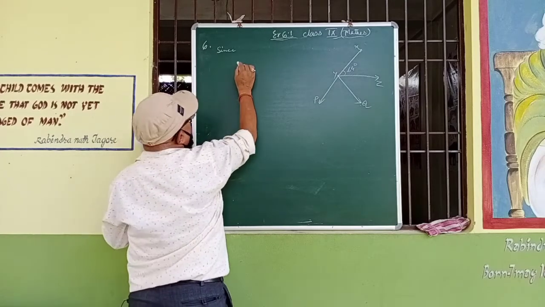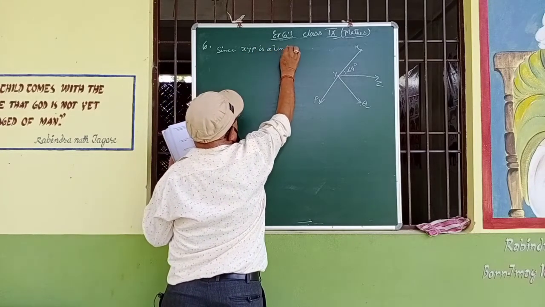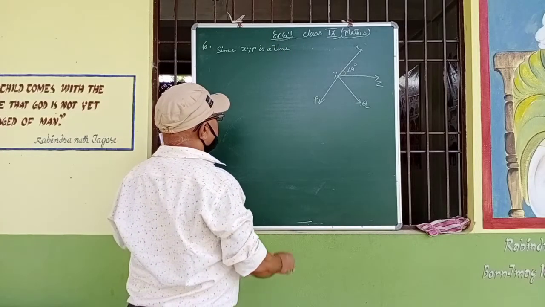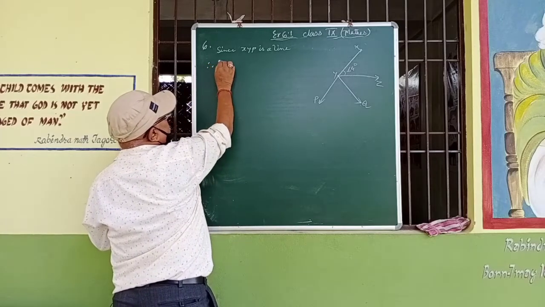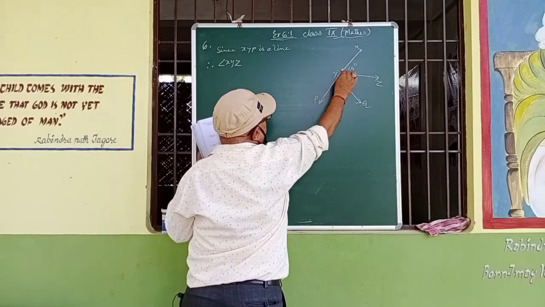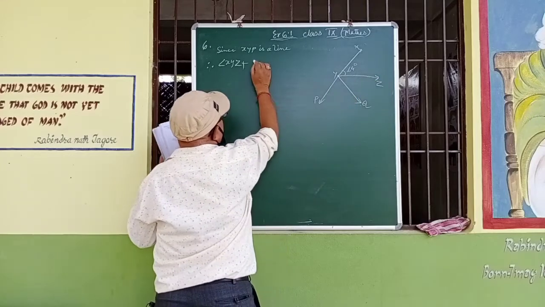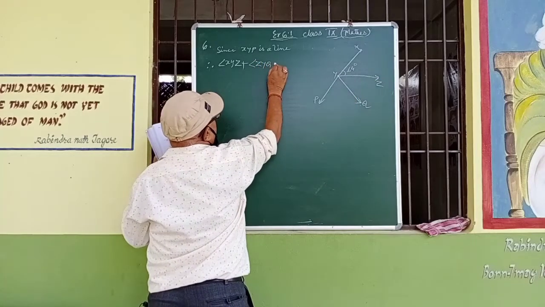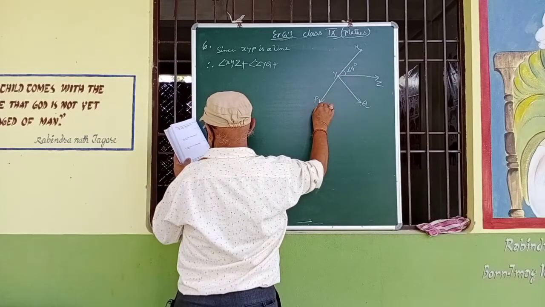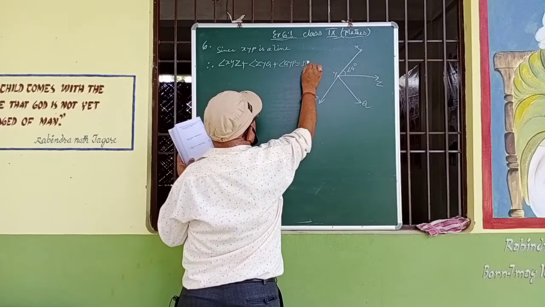Since XYP is a line, therefore XYZ plus ZYQ plus QYP is equal to 180 degree.